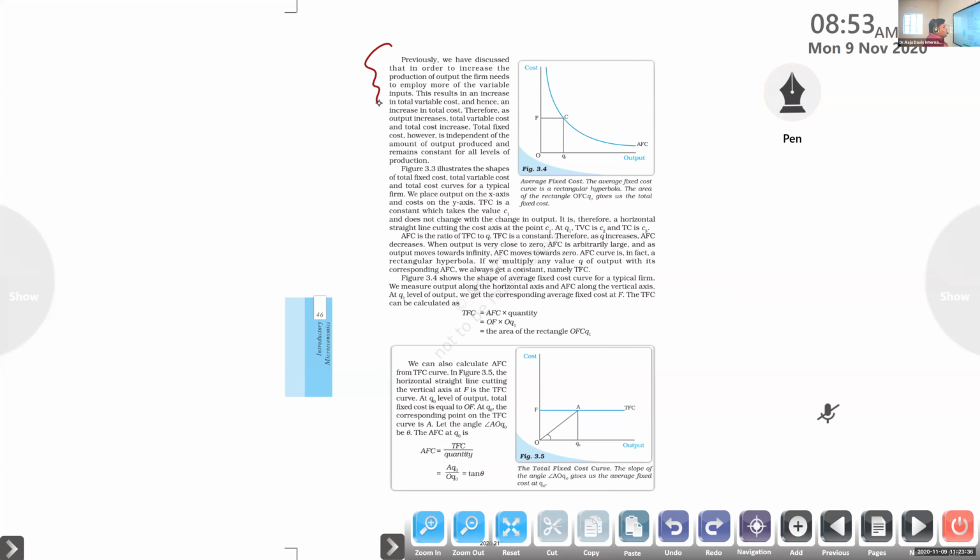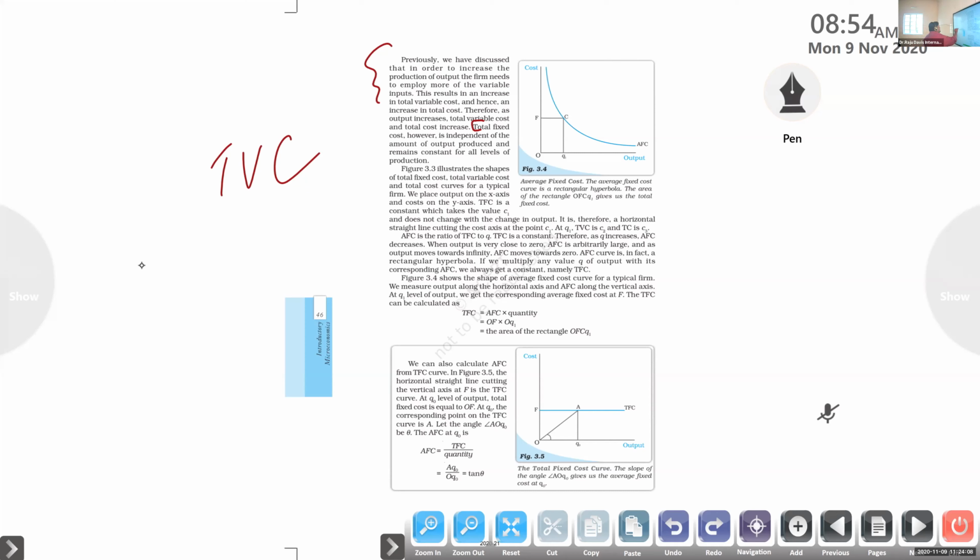So basically it is the variable input. The cost of variable input we are increasing, so output and production will increase, and at the same time the total cost of production also will increase. So only the change is related to the total variable cost, TVC.